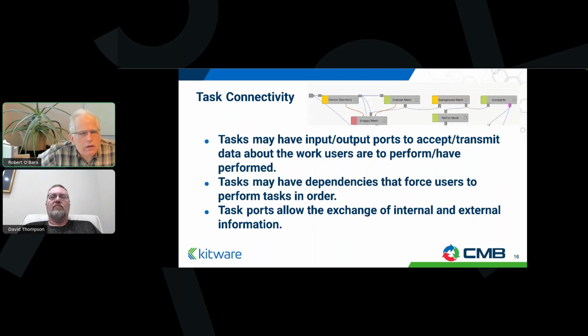Connectivity, as David talked about, there's two forms of connectivity that we deal with. One is dealing with data connectivity or data dependency, where each task can have inputs and outputs, multiple input and output ports, very similar to what ParaView and VTK support in their filters, and it allows a task to accept and transmit data about the work that the user needs to perform.